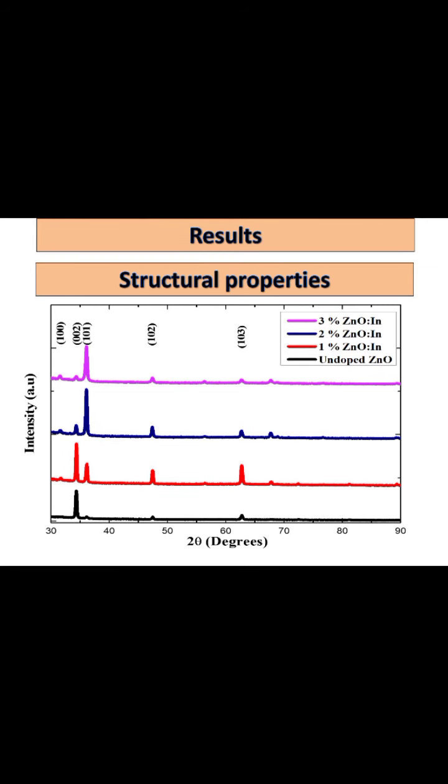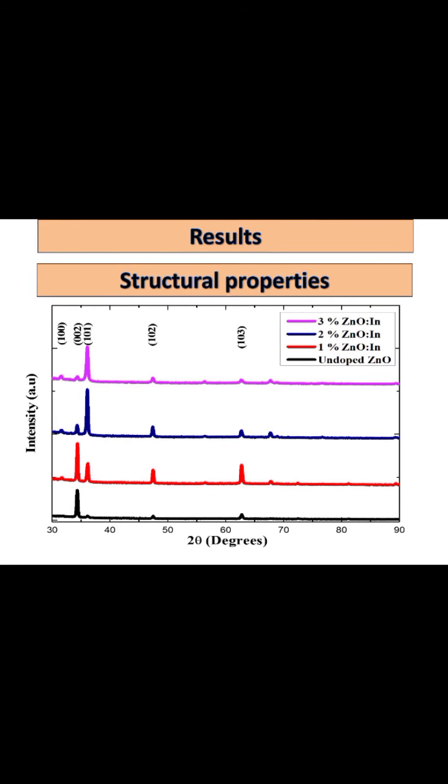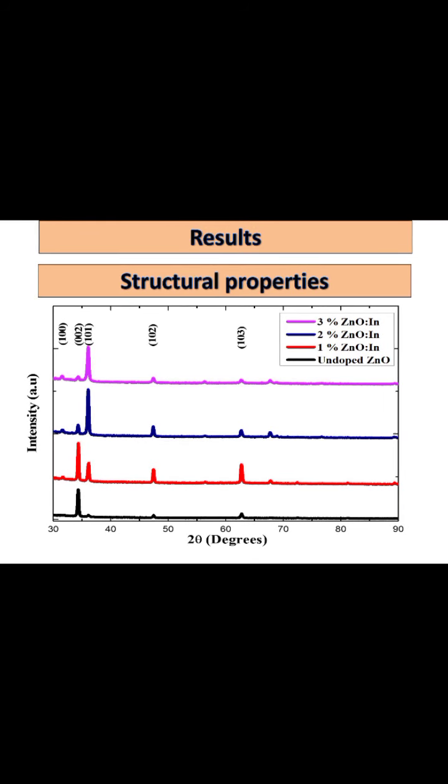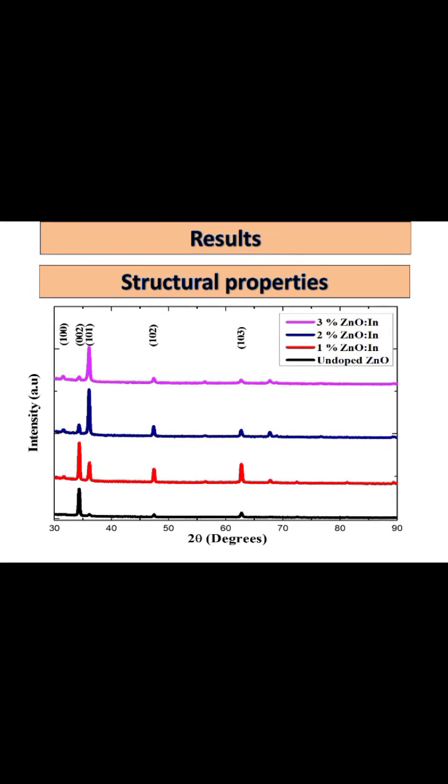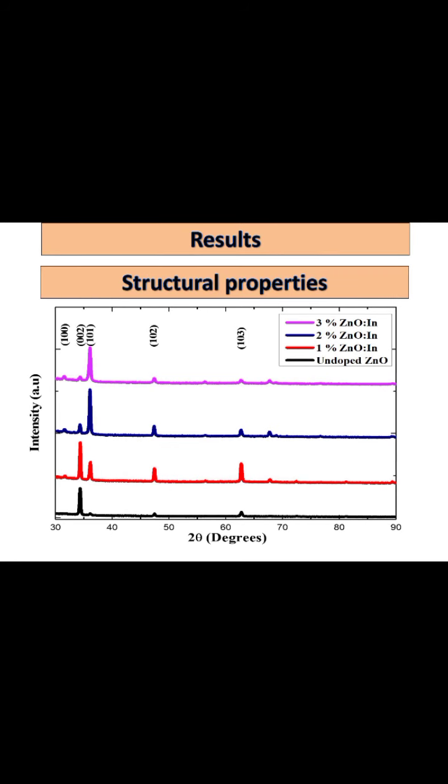This structural characterization is used to corroborate the structure of the resulting zinc oxide films doped with indium, and to analyze to what extent the crystallinity of the films is affected when high concentrations of the impurifying agent are used.